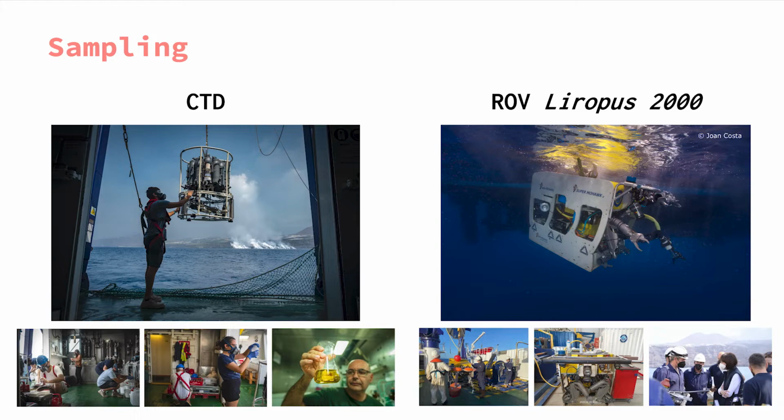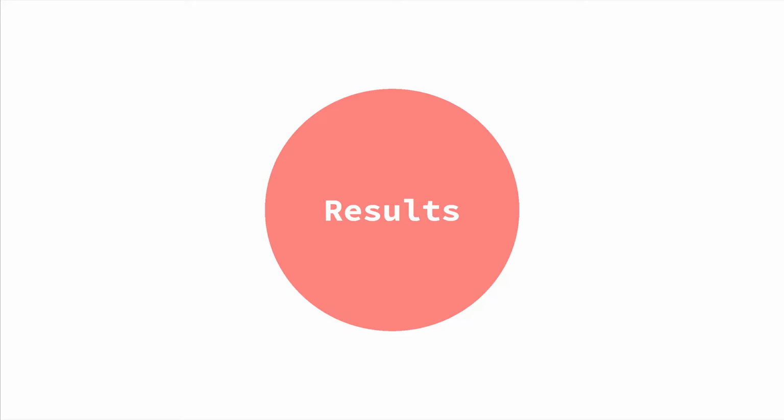And we also used an ROV, a remotely operated vehicle, Liropus 2000, from the Spanish Institute of Oceanography. In this case, I'm only going to show a few images of the ROV, but it was also quite useful during these cruises.